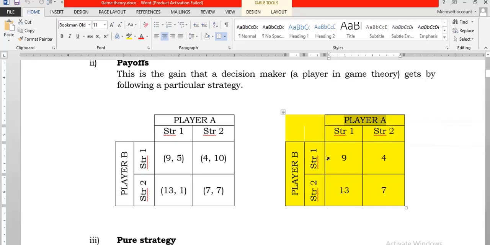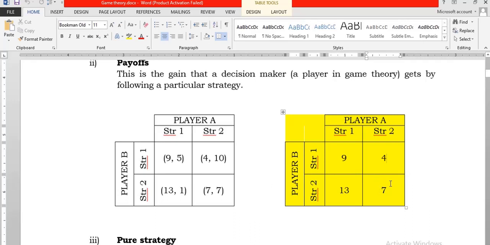So for strategy 1 and strategy 1, player B will gain 9 and player A will lose 9. In strategy 1-2, player B will gain 4 and player A will lose 4. In strategy 2-1, player B will gain 13, player A will lose 13. In strategy 2-2, player A will lose 7 and player B will gain 7.